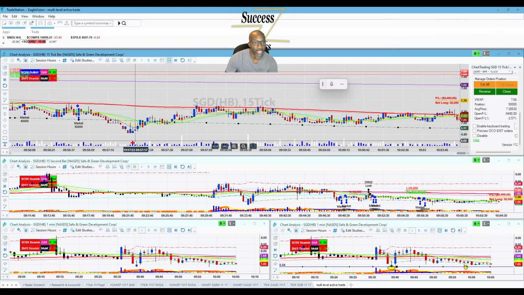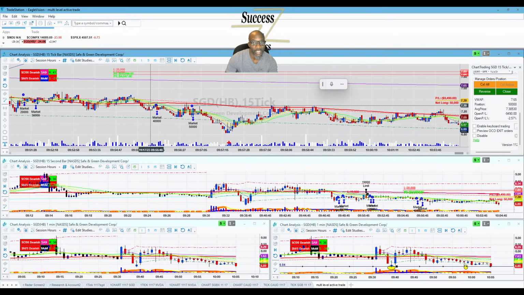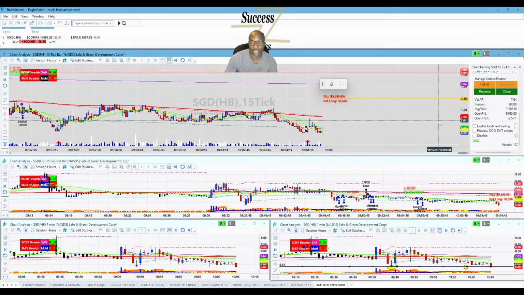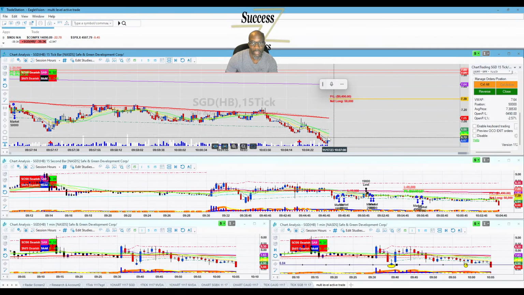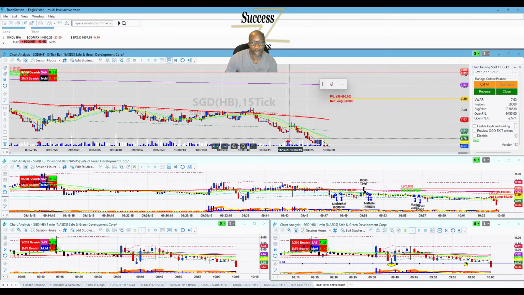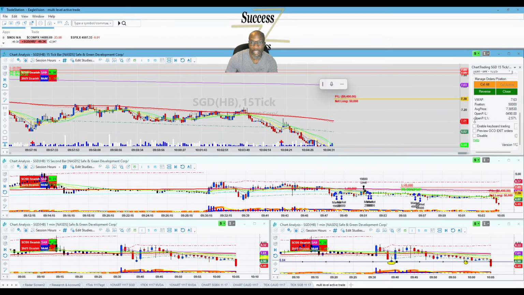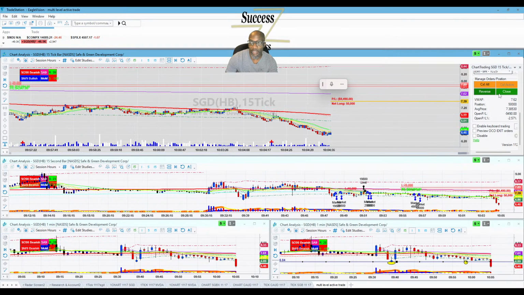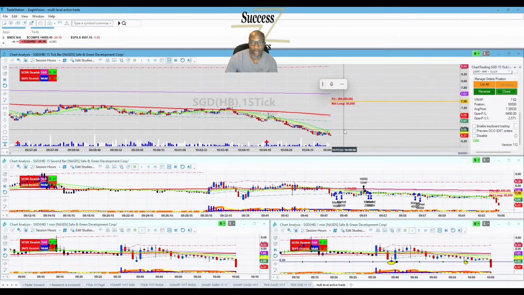All right, so on my ticks, that one there on the SGD on the 15 tick chart. So okay, we just got another one. Now is it going to work? I don't know. No, it's not working. It worked there for 1 bar, and now it's disappearing. All right, let's just close it.